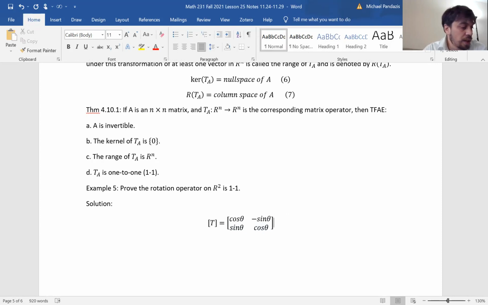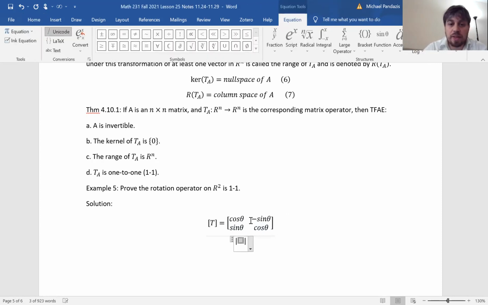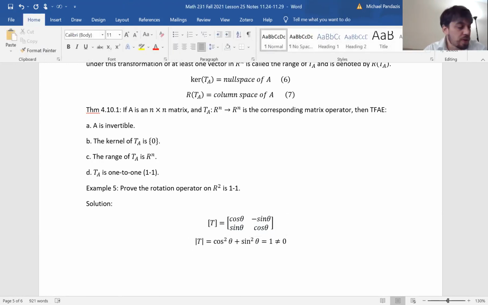If you take the determinant of that matrix, you get cosine squared theta plus sine squared theta. And that's a trig identity equal to 1. And 1 does not equal 0. So the determinant of T does not equal 0. Therefore, T is invertible by the equivalence theorem, theorem 2.3.8.